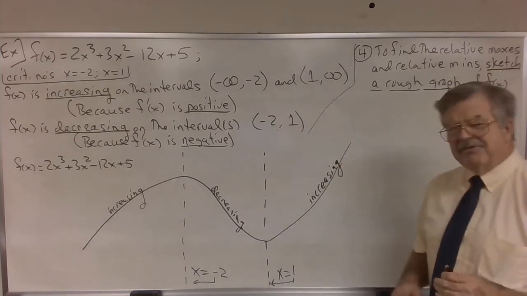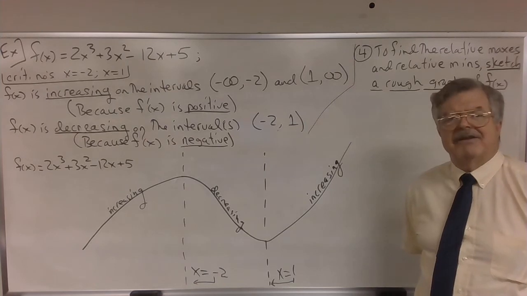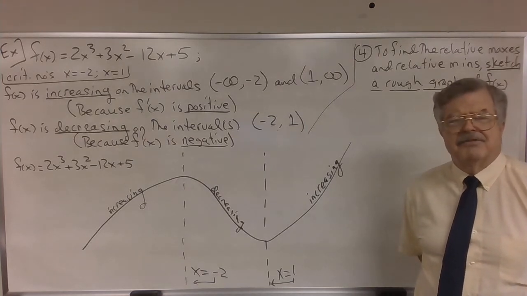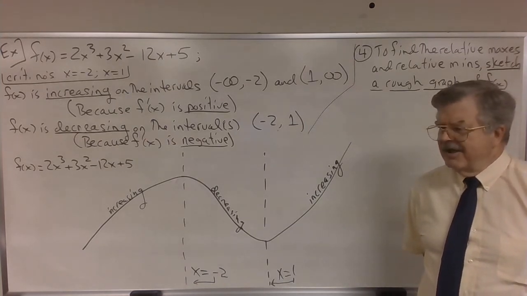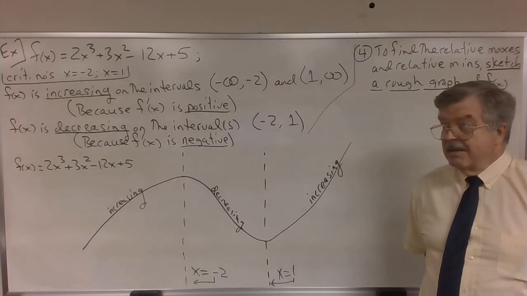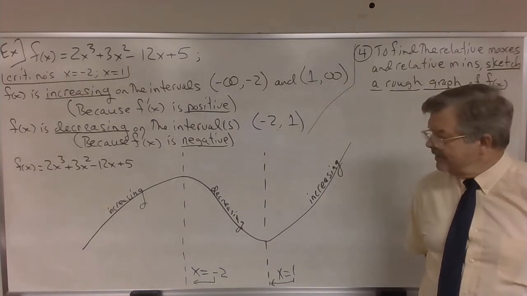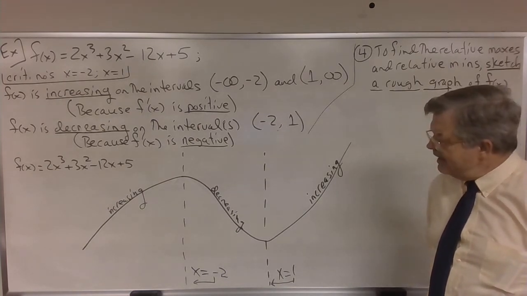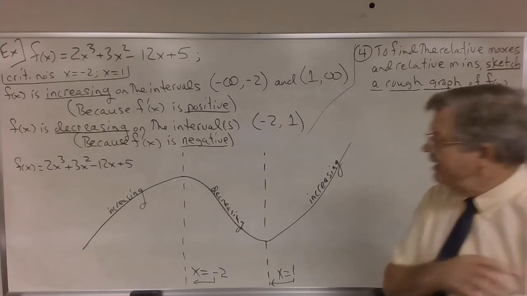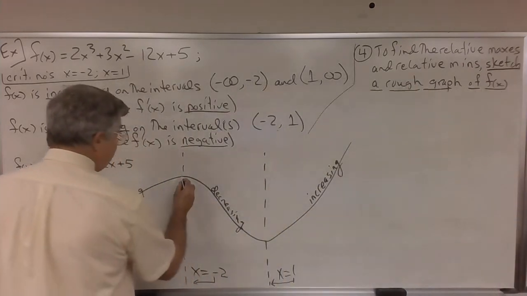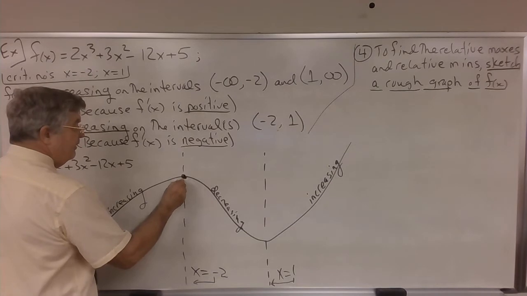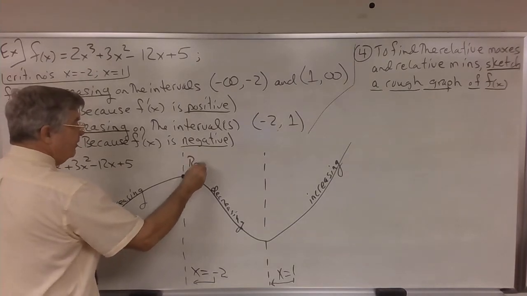Now, I'm supposed to be looking for relative maximums and relative minimums. How does this help? Well, relative maximums and relative minimums are the high and low points on the graph, right? I wonder where that is. Oh my goodness. Here's a high point on the graph. This is a relative max.